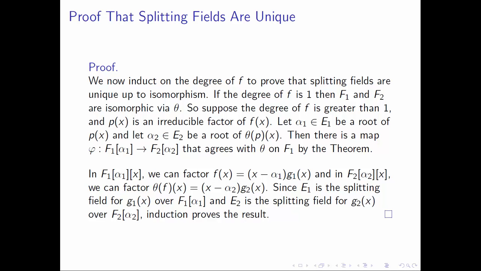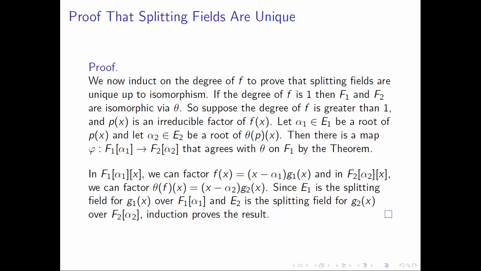g1 of x is a polynomial. It has degree smaller than f, since we've factored out this term of x minus alpha 1. And we have the map phi now acting as sort of the theta from the corollary, taking g1 to g2. That is something that you need to check. The reason that g1 gets mapped to g2 is because alpha 1 gets mapped to alpha 2 under the map phi.